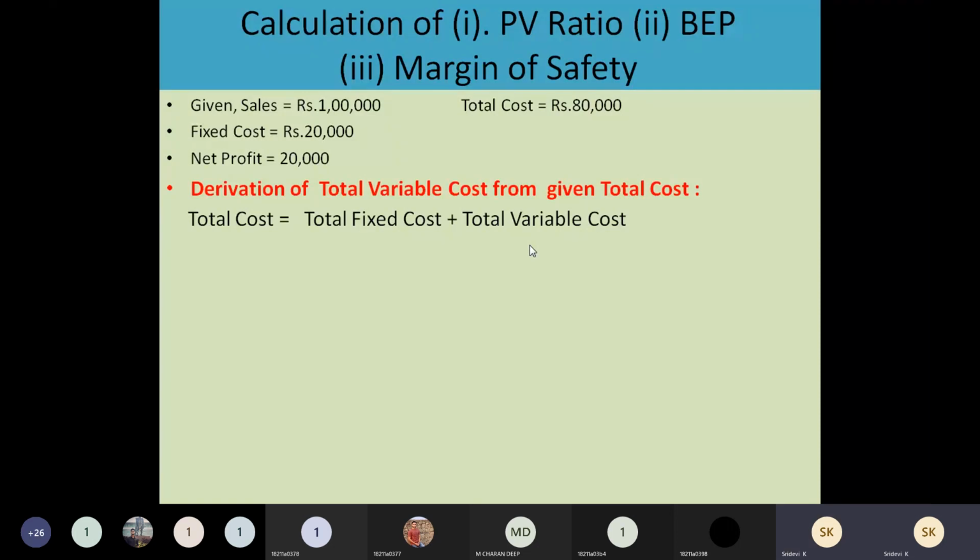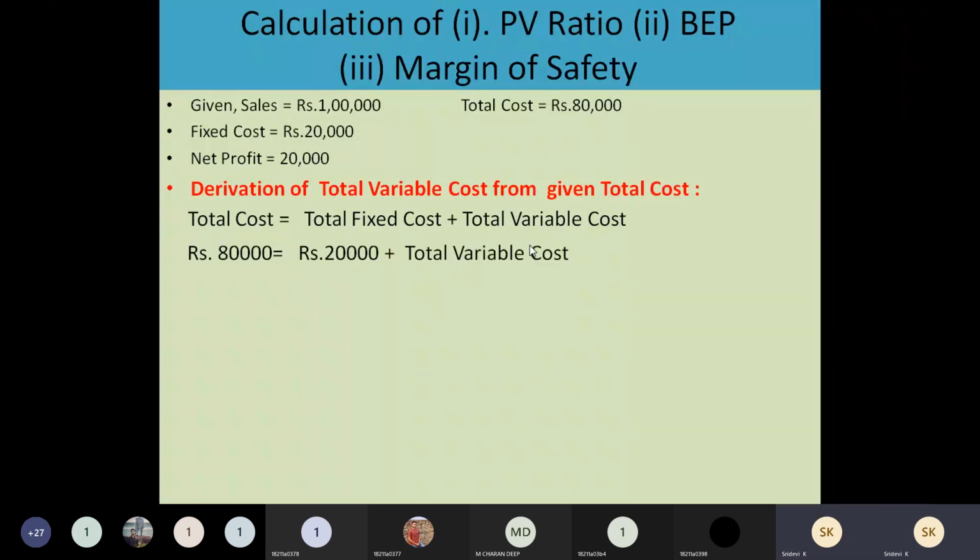This total cost already we have seen in previous production while discussing the cost analysis. So this formula is familiar to you. Same formula you use here. So because we are having total cost here, it is given 80,000 and total fixed cost is given 20,000.